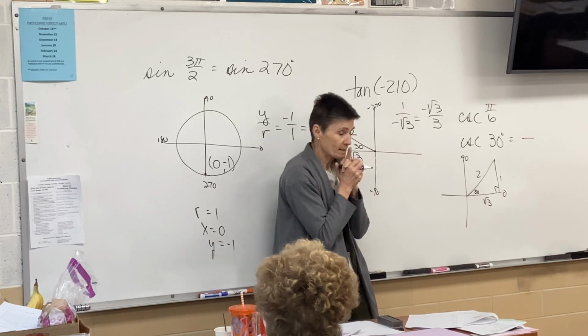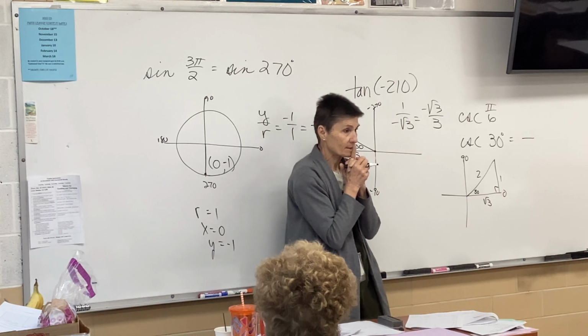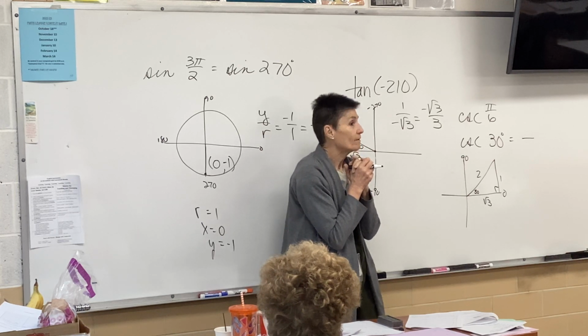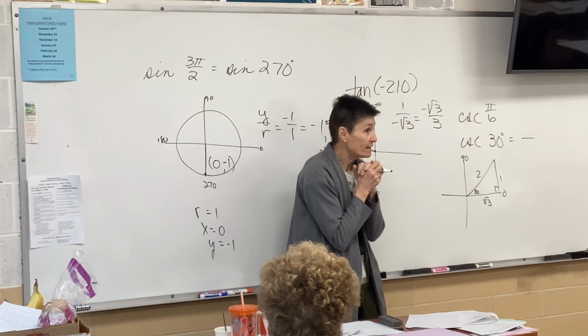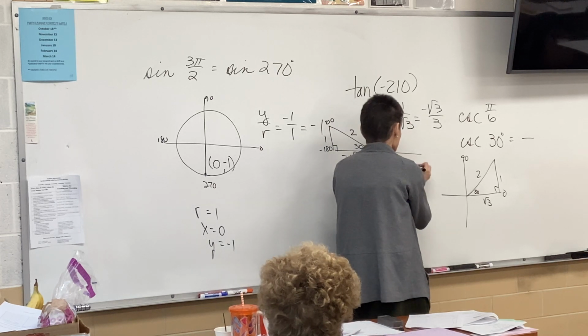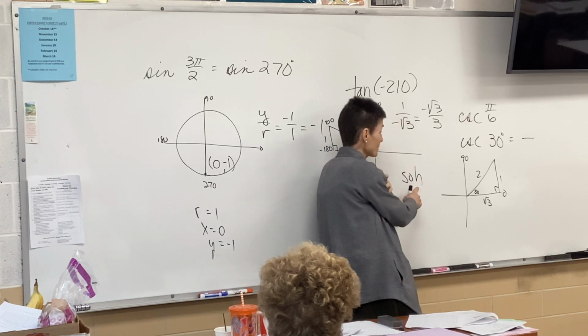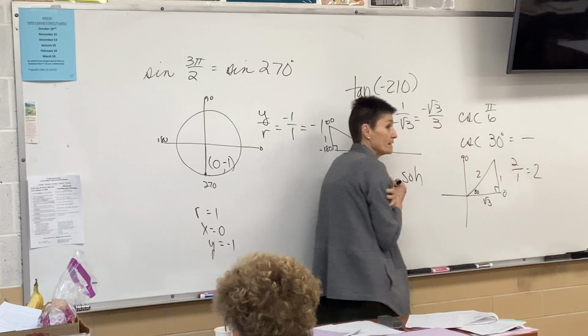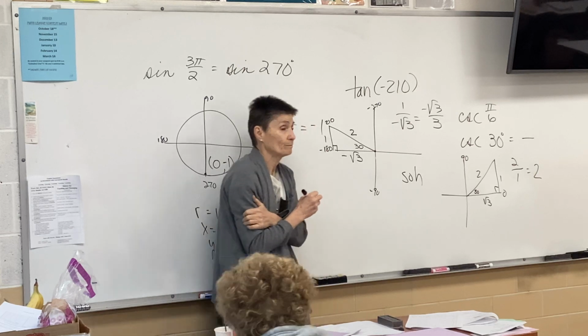All right, cosecant. What's cosecant? Very good, it's the reciprocal of the sine. Sine is opposite over hypotenuse. So this is going to be hypotenuse over opposite. The cosecant is 2.